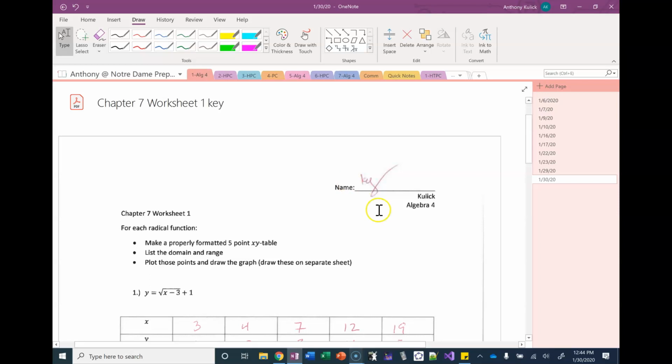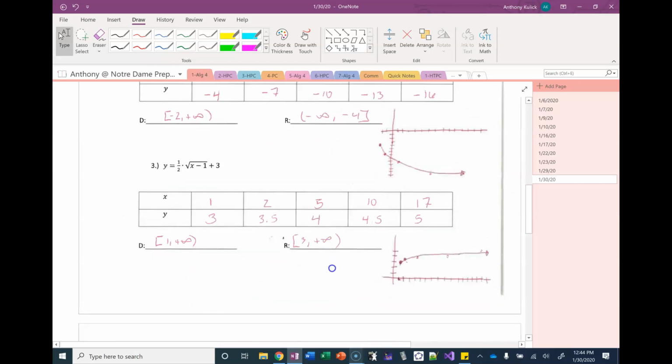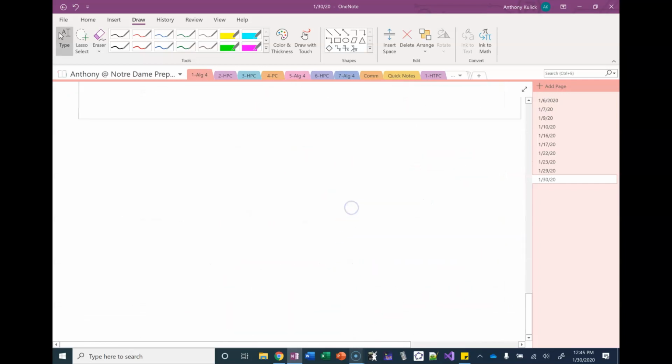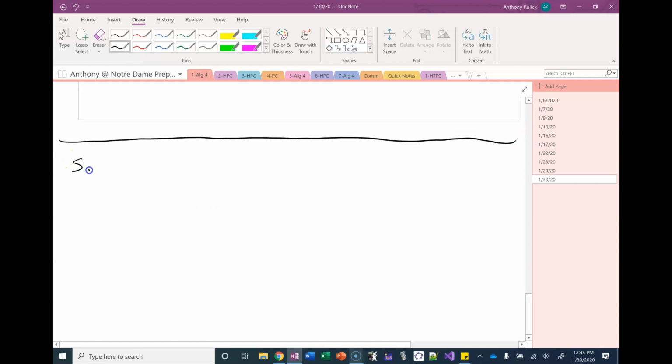All right, fair enough. So we'll move on today. And over the next couple of days, we're going to be talking about simplifying expressions with radicals.